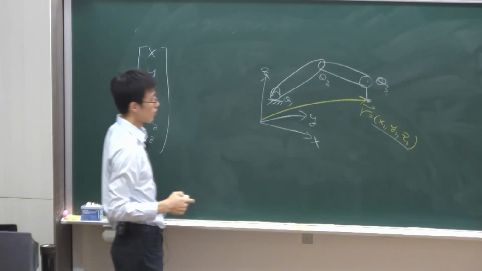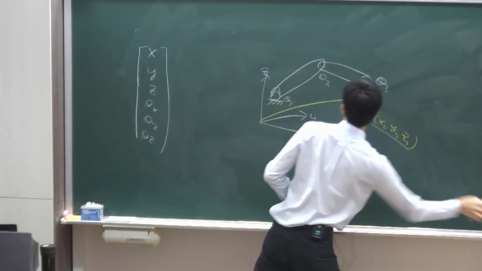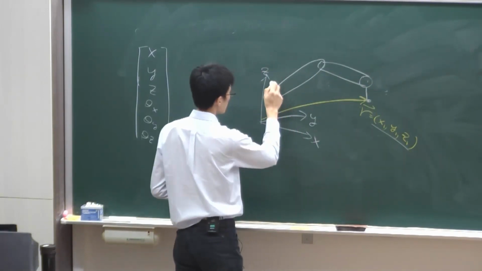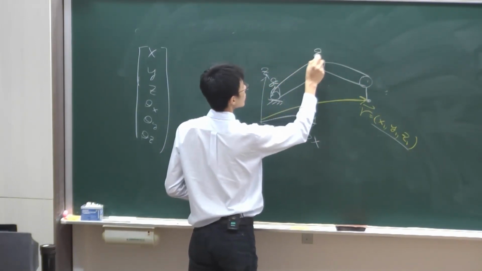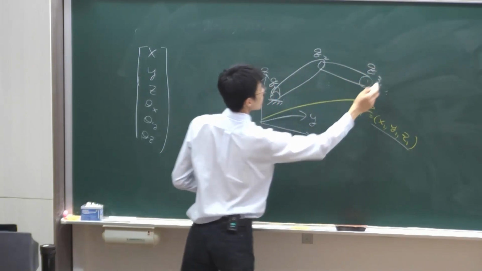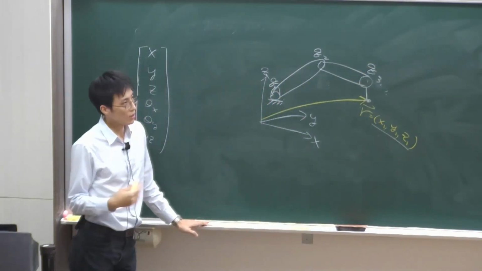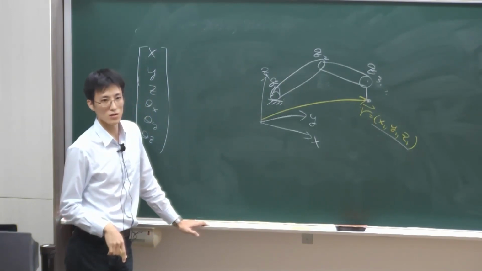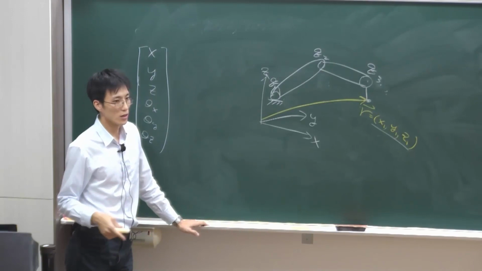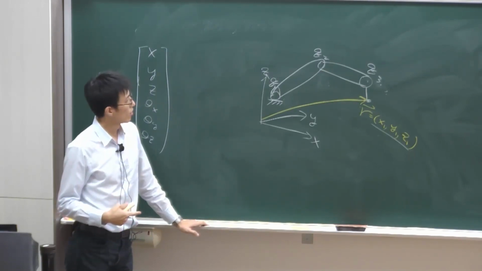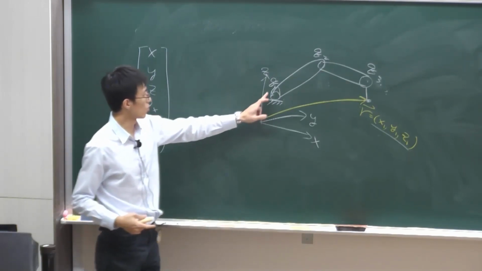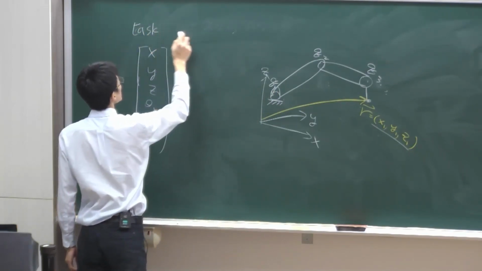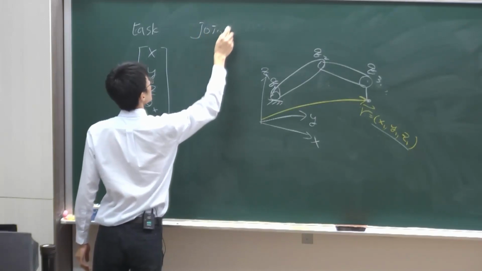For joint space, I cannot use theta. I use Q1, Q2, Q3. But for people who design the controller, it's in joint space, right? Because what physically you can control for each joint is the torque. So this is in task space. This is in joint space.